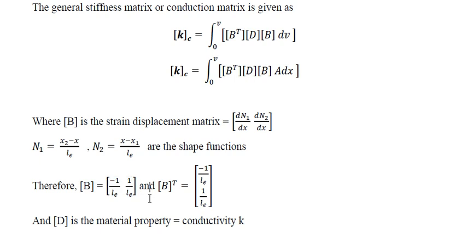So B is equal to minus 1 by Le, 1 by Le. This is a matrix with two columns. The strain displacement matrix is minus 1 by Le, 1 by Le. So B transpose will be a two-row matrix, minus 1 by Le, 1 by Le.